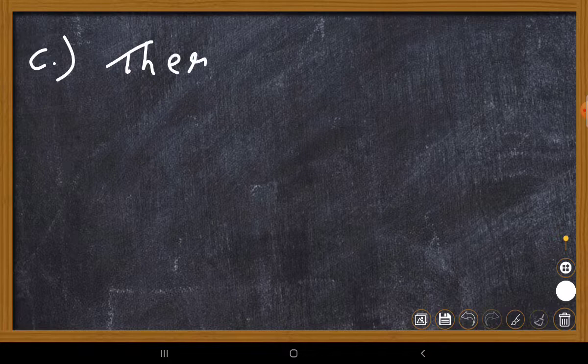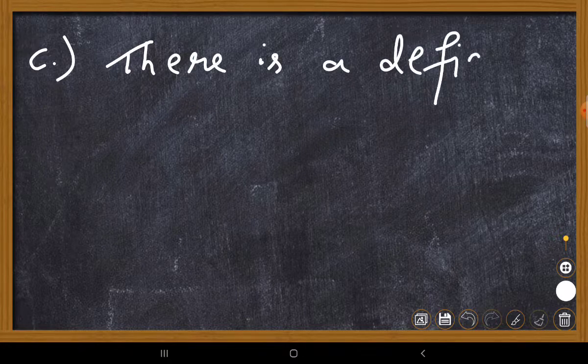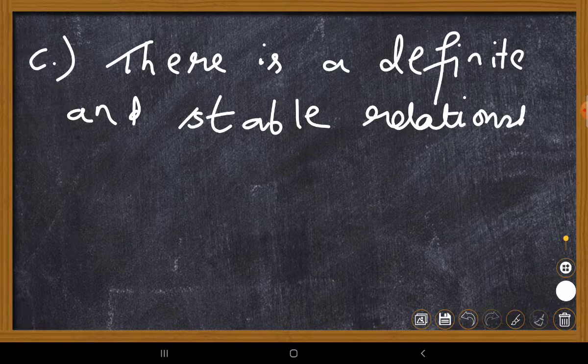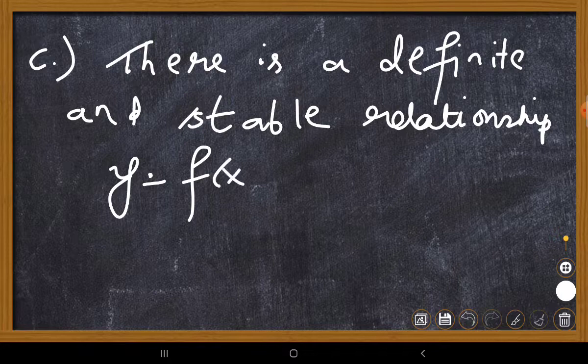And then the last assumption is that there is a definite and stable relationship y equals f(x).